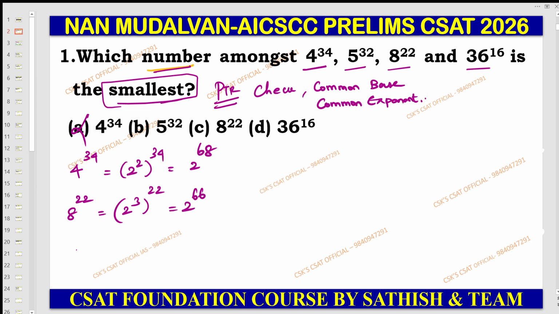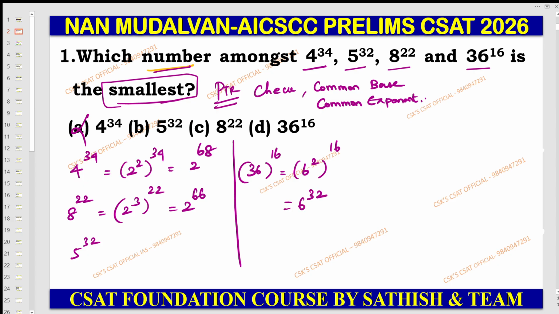Next one, 5 power 32, we can't convert in terms of the same base. So now the rest of the thing here is 36 the whole power 16. Right, I'm checking whether I can convert in terms of the same exponent. This is nothing but 6 square the whole power 16, so yes, we can convert here.